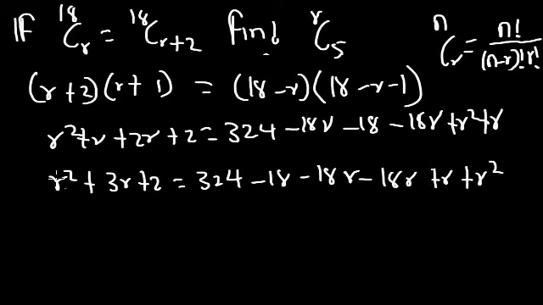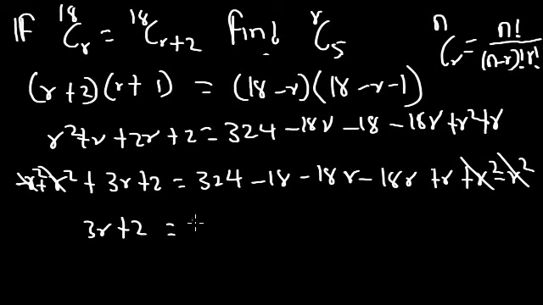Now you can clearly see that r squared is on both sides. We can subtract r squared from both sides, so this cancels out, and this cancels out. And we have 3r plus 2 equals 324 minus 18. 324 minus 18, that is 306. 306 minus 18r minus 18r, that's minus 36r.